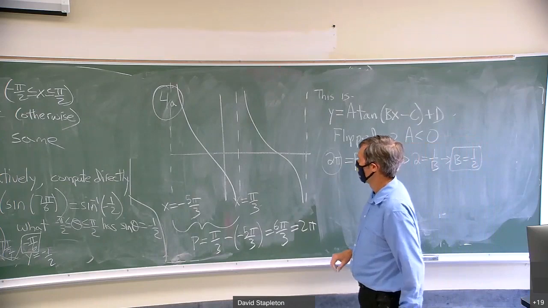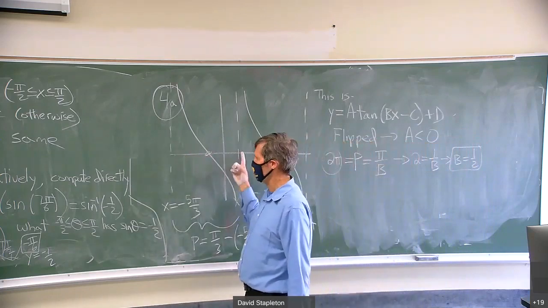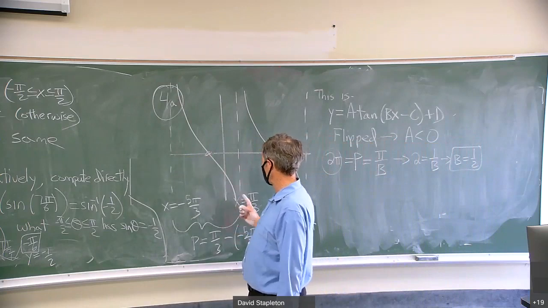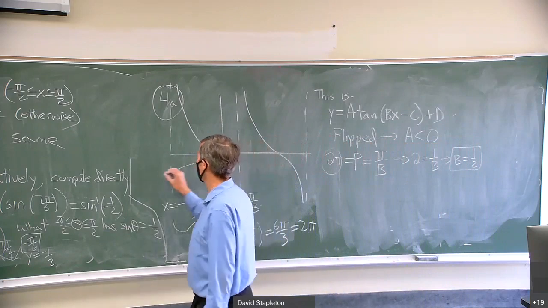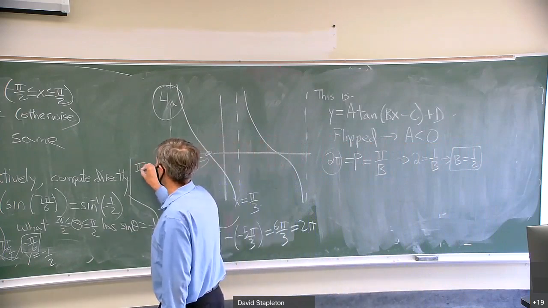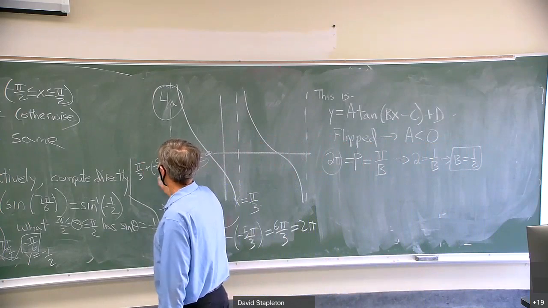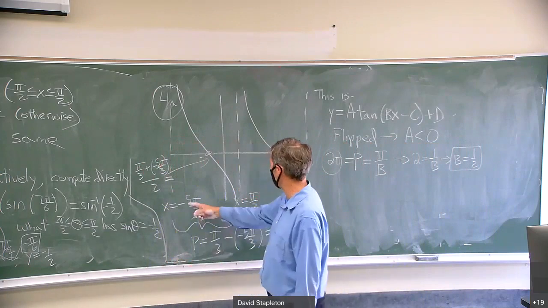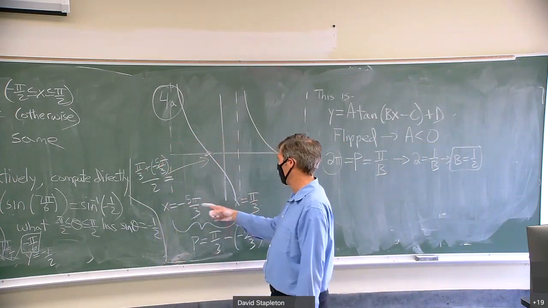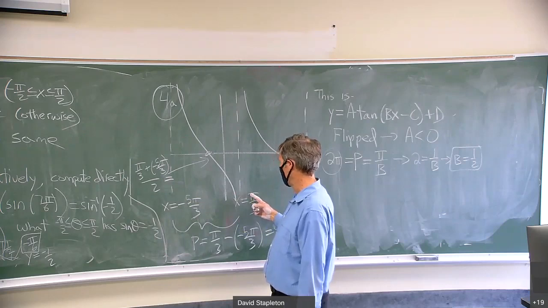Now, what's the shift point? The shift point has to be halfway between the asymptotes. So if this is pi over 3 and this is minus 5 pi over 3, we can average these, or what's even easier, halfway between negative 5 and 1, right? It's negative 5 pi over 3 and 1 pi over 3, halfway between is negative 2 pi over 3.